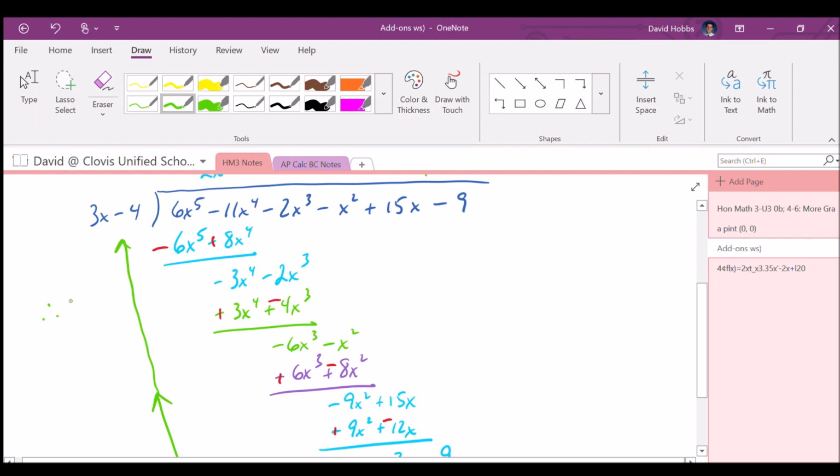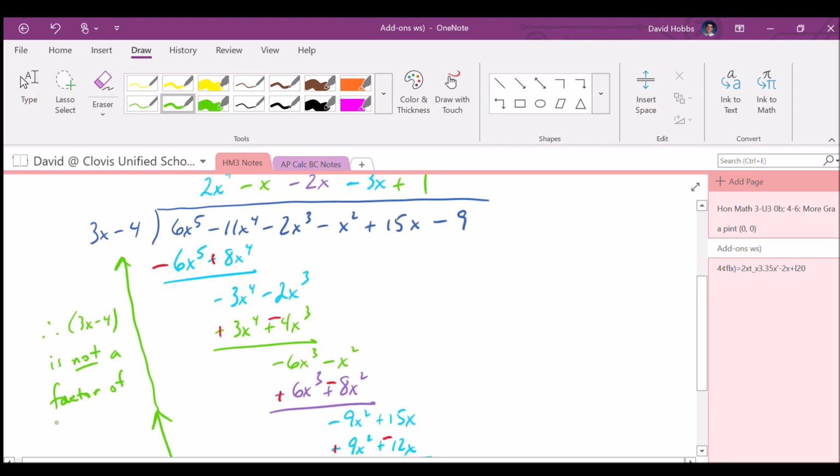Therefore 3x minus 4 is not a factor of the thing we were dividing into, 6x to the 5th minus 11x to the 4th plus, all that big long polynomial.